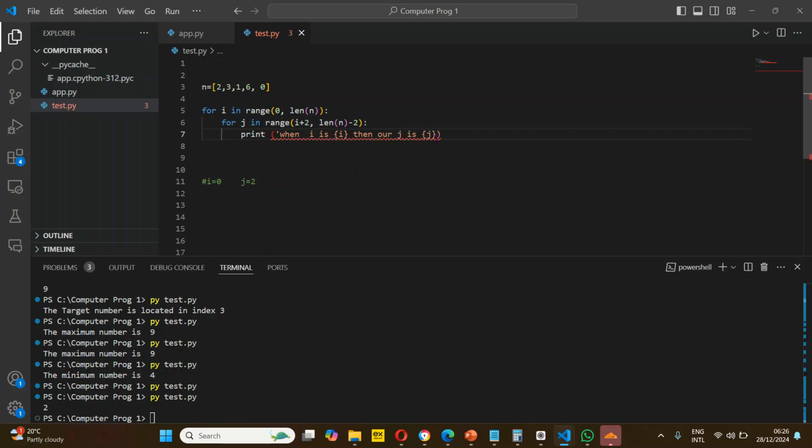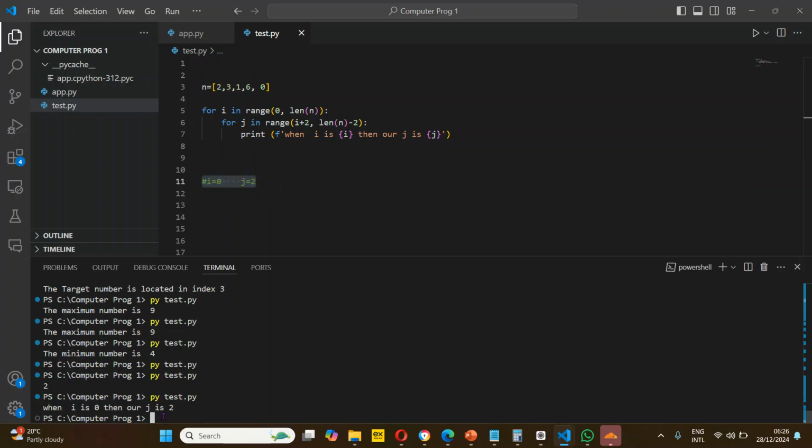So let's find out. I'll put a format so we can allow the interpreter to pass in the values. So now this will be the answer. If you print this, you can see what happens, right? When i is 0, then our j is 2. That was our answer, because we analyzed this and knew that the answer would be this.